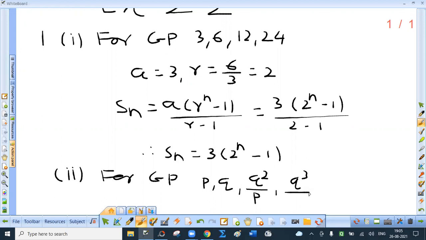Is it? Just check this. It's only q cube upon p, not p square. Then the terms will not be in GP. This is GP. p, q, make the correction because the common ratio is q by p. This is correct.